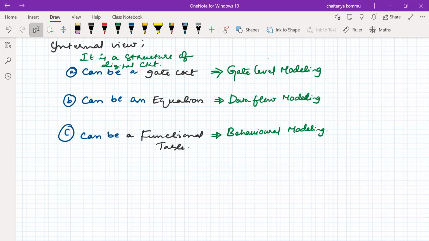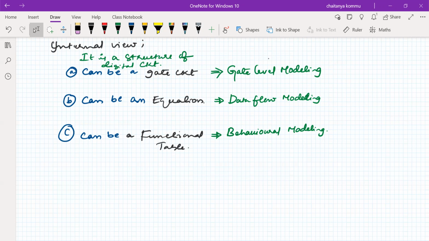For example, if you want to write a 32-bit addition, it is better to go for data flow modeling, because just one small equation is sufficient. If you want to write a multiplexer, for example a 16x1 multiplexer, the equation is not at all advisable, and you should go for behavioral modeling.